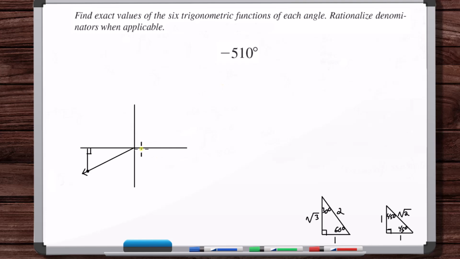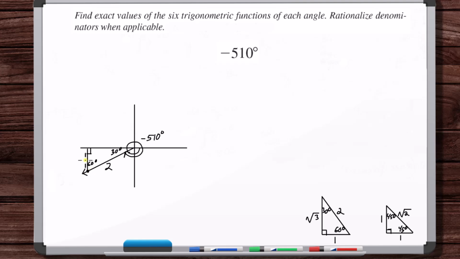So that's minus 510 with the reference angle 30 degrees. So we've got 2, and then this is 60 degrees, the angle between the 60 and the hypotenuse.